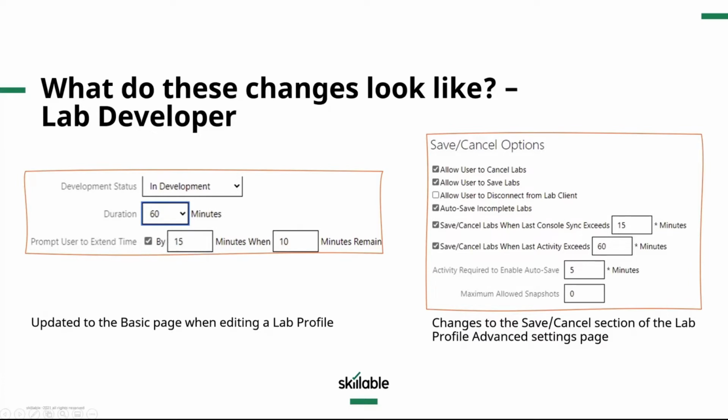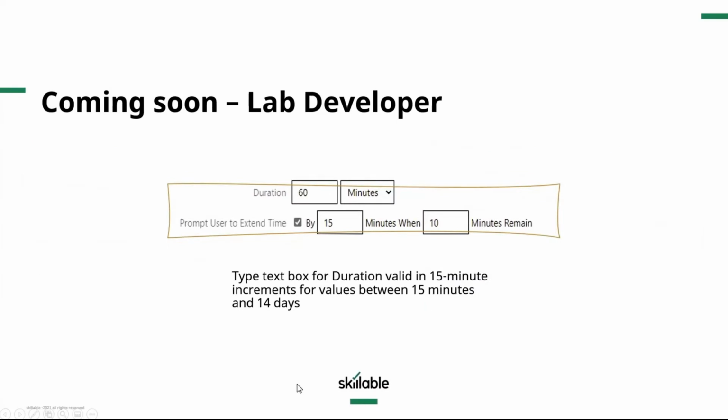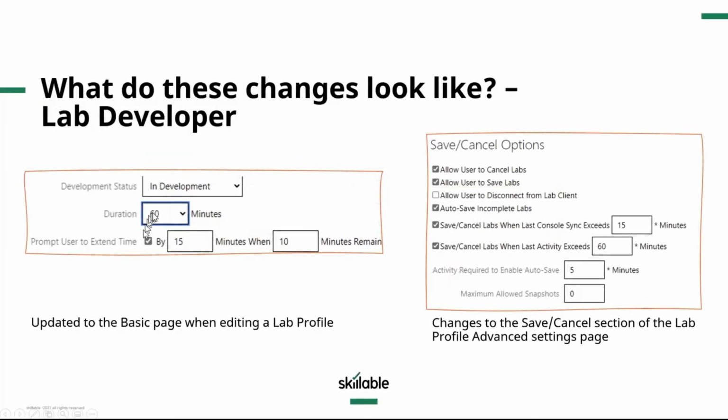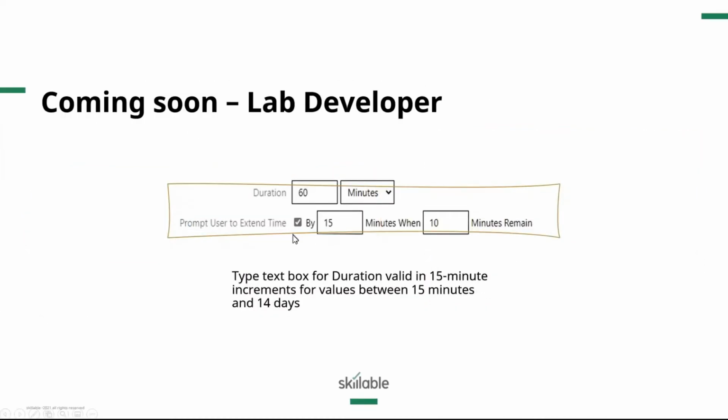One thing just to be aware of, and when I say coming soon, I'm not sure if it's tonight or tomorrow night. We're going to do a small update because having that drop down field here has become a little bit restrictive, because there's really not enough options for everybody. So we are doing an update to the duration field, where you will be able to type in the time, and then select minutes, hours, days.